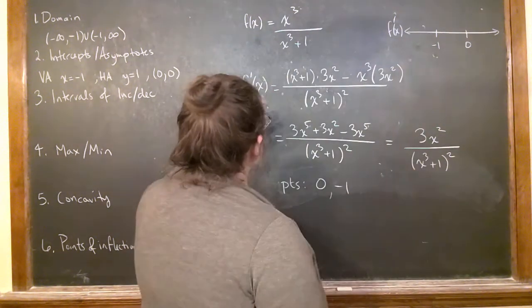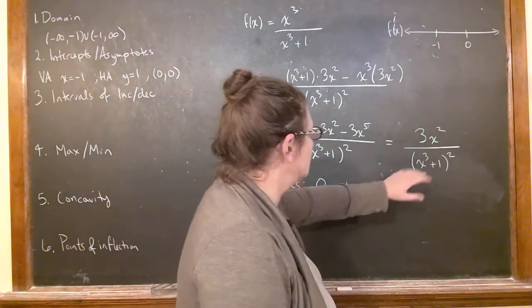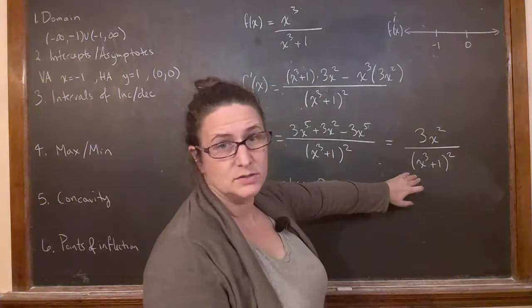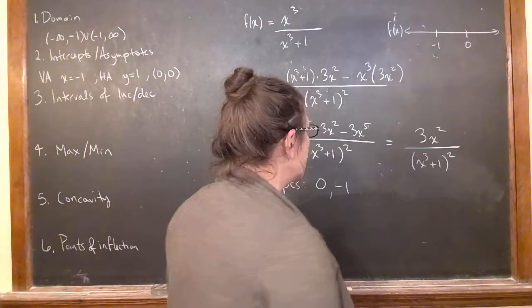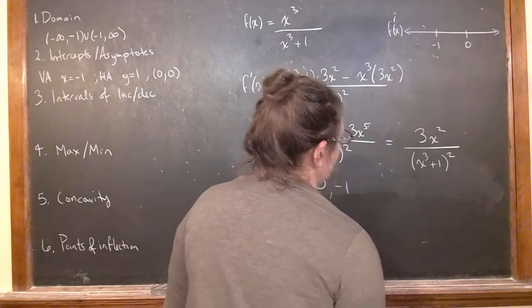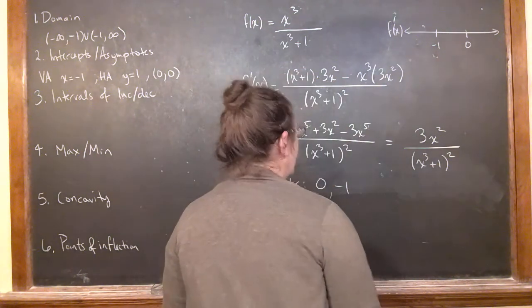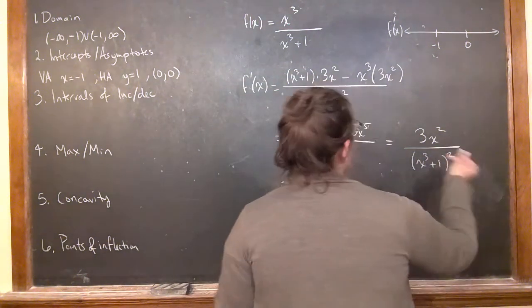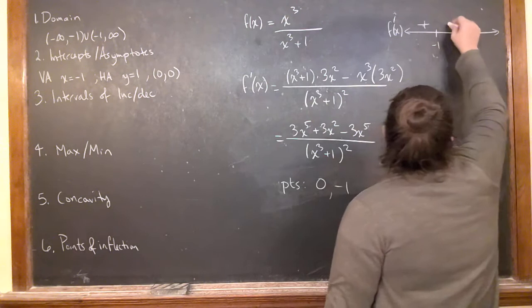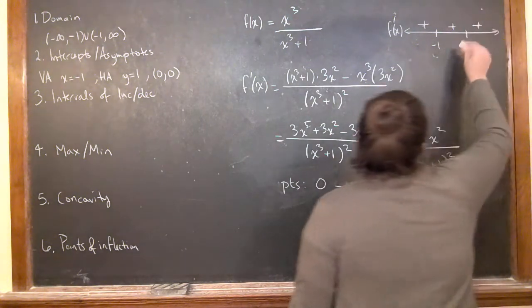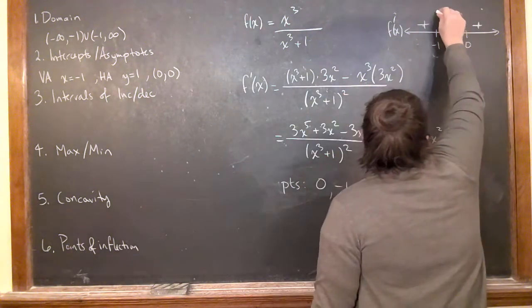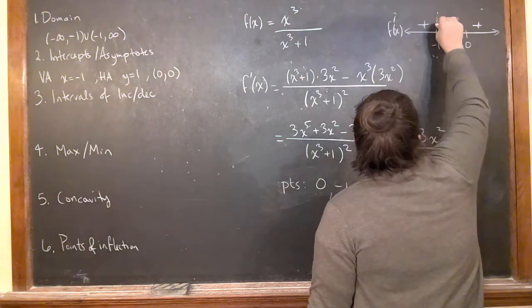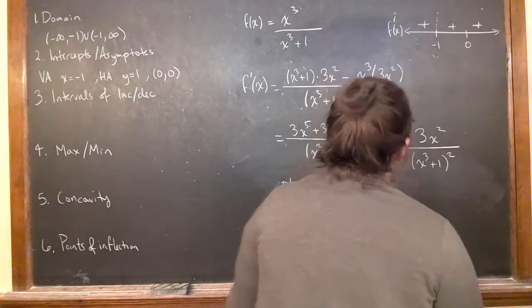So you can see this thing is always positive, right? Because x squared, and this is where everything is positive. So positive, positive, positive, right? But remembering that there is an asymptote here.